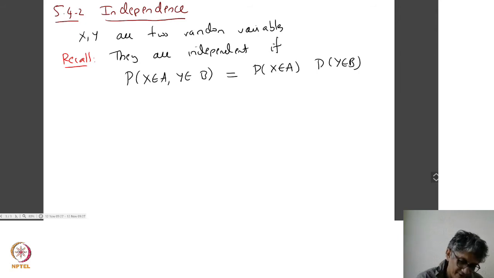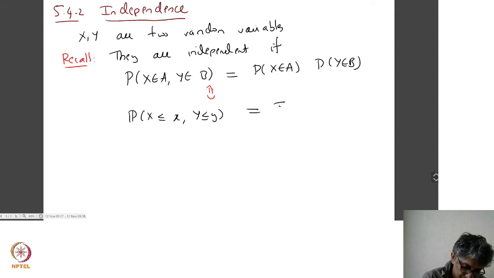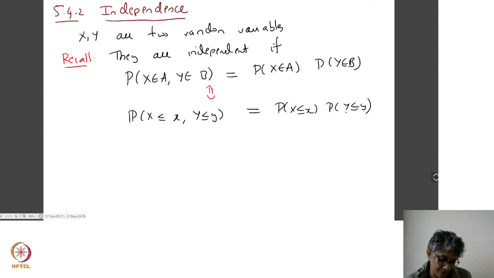But we remember last time we said that this was equivalent to just checking if the distribution function, that is, the probability that X is less than or equal to x and Y is less than or equal to y, splits up as the probability of X less than or equal to x times the probability of Y less than or equal to y. So it's enough to check this equation.